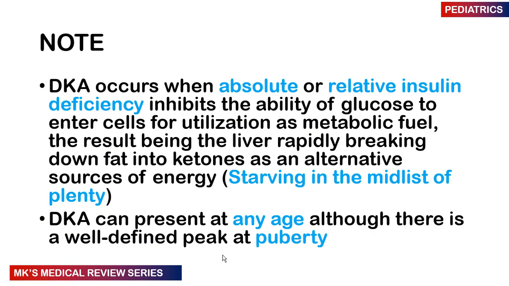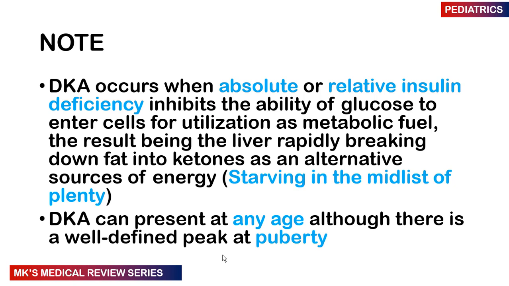Now, remember that DKA can occur with absolute insulin deficiency, that's type 1 diabetes, and relative insulin deficiency, that's type 2 diabetes. In patients with type 2 diabetes, it's a rare complication where they undergo certain stressors, which could be metabolic or physiological stress.